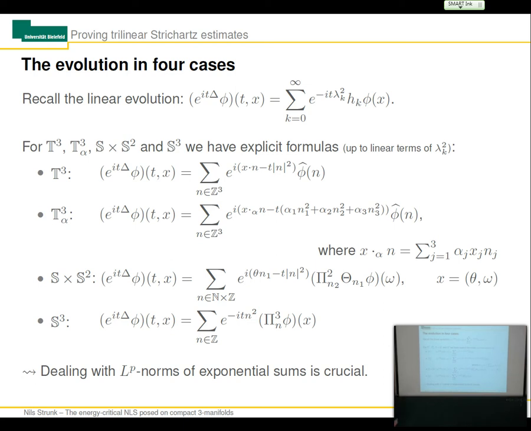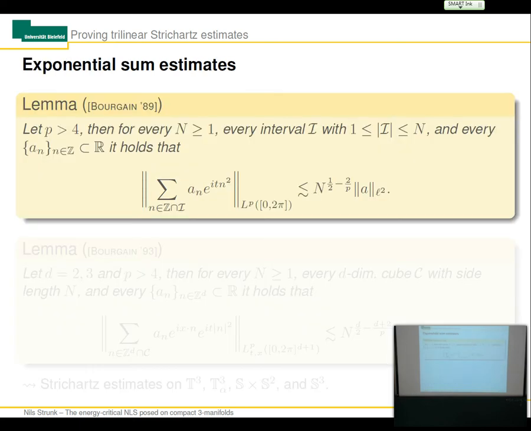However, if we look at this, it becomes clear that in order to gain any Strichartz estimates, we have to deal with LP norms of exponential sums. And this is one very crucial ingredient. Fortunately, there are some exponential sums that we can use. The first one I want to mention is due to Bourgain in 1993.